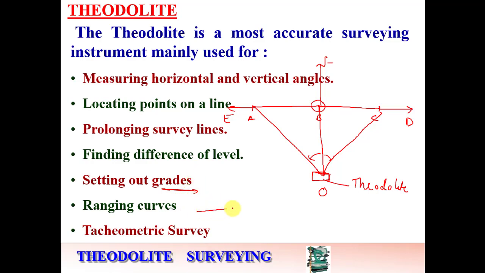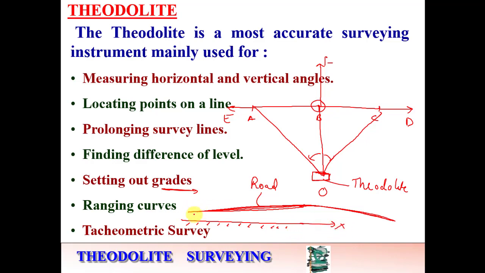Whenever we are moving like this, this is your gradient of road as compared to your datum line. So in this setting of the road, this is your x-axis and this is your z-axis. I am drawing my profile of road along the longitudinal direction.